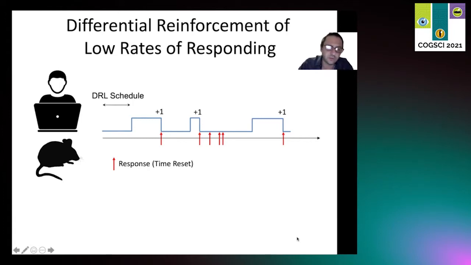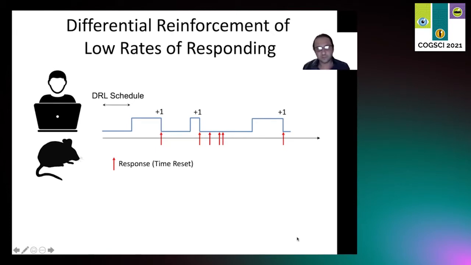So, for instance, in a DRL 5-second schedule, the subject might be pressing a button or a lever, get a reward. To be able to get the next reward contingent upon the next response, the subject has to wait for at least 5 seconds. And if it doesn't, that response resets the elapsed time with no reward. But if it waits for at least 5 seconds before pressing the lever again or button again, that response resets the elapsed time with reward.